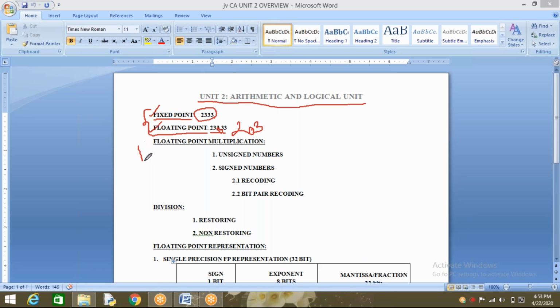In this we are going to discuss multiplication and division. Multiplication means here we are going to perform binary multiplications. Binary number multiplication has two concepts: one for unsigned numbers and another for signed numbers. If we use unsigned numbers, your decimal doesn't have any sign.